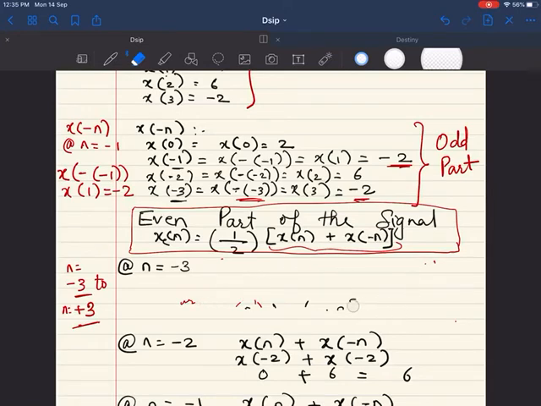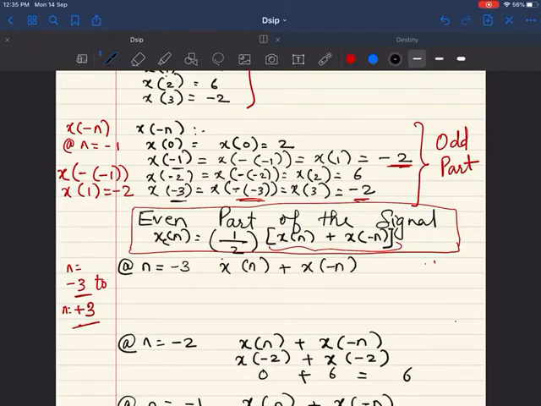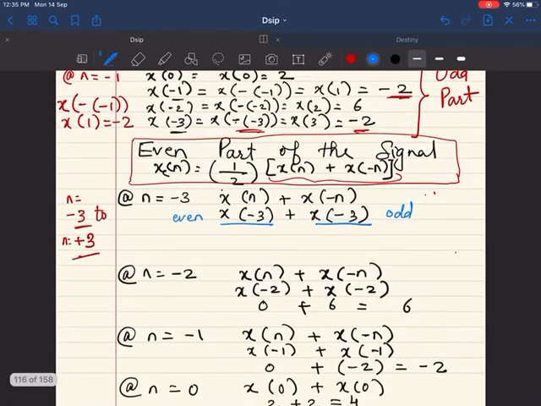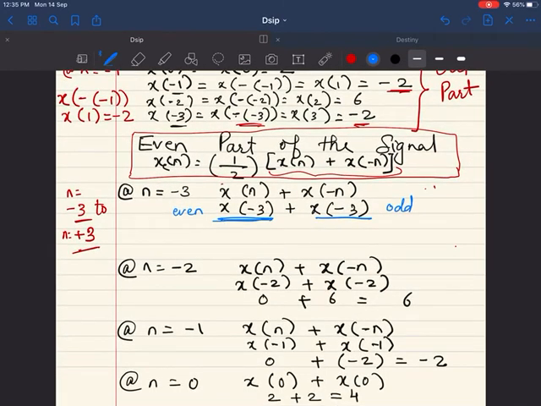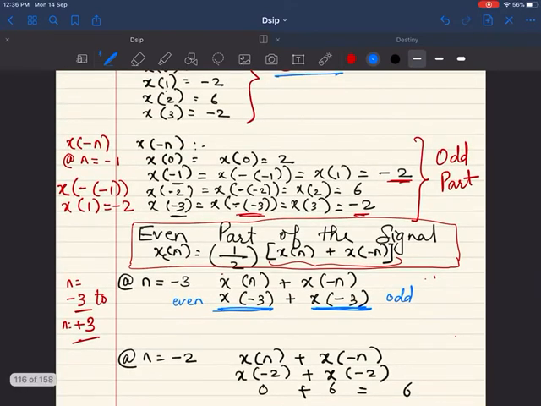Keeping the half aside for now, I am only going to compute x of n plus x of minus n. So x of minus 3 plus x of minus 3. Now you have to pay attention that this is for my even part and this is for my odd part. I have to check only the even part for x of minus 3 over here, and for this particular term I have to check only the odd part of the signal.